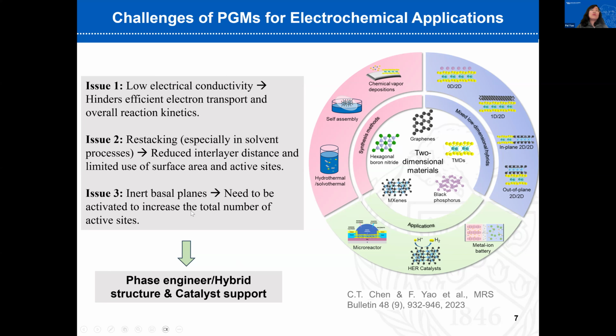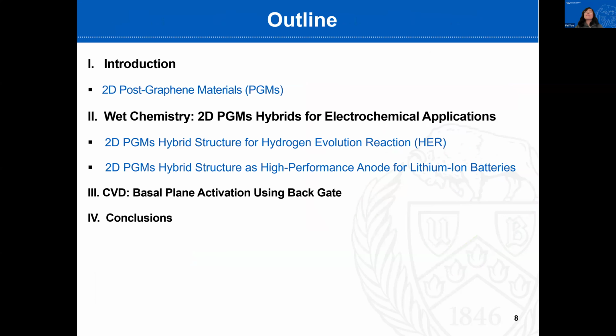As for issue 3, let's talk about how we can engineer the catalyst support to activate the basal planes. All right, that finishes my introduction. Now let's come to the wet chemistry synthesized PGM for the hydrogen evolution reaction.